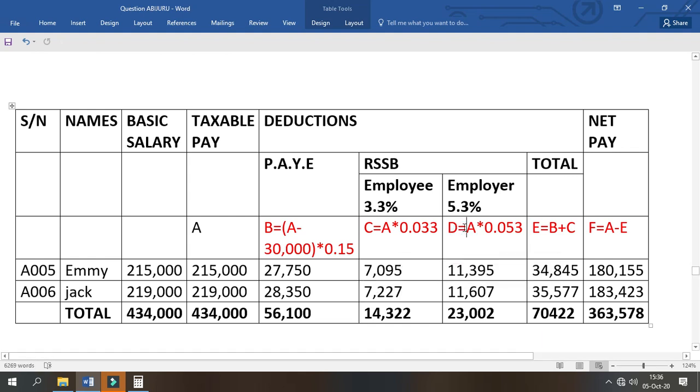The employer's portion contribution to the Rwanda Social Security Board is equal to 5.3%.